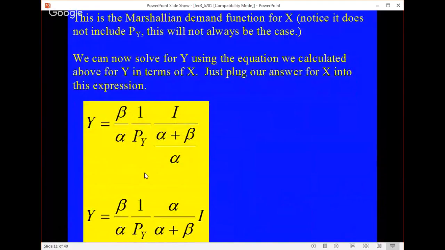So I plug it in, I get Y equals beta over alpha, 1 over py, I over alpha plus beta over alpha. I do a little bit of algebra, I bring the alpha up top, so I get beta over alpha, 1 over py, alpha plus beta, alpha, this alpha cancels with that alpha. Oh, and I forgot the I.